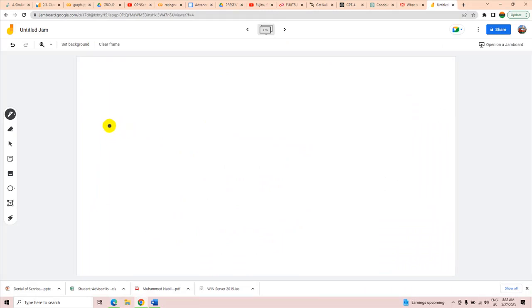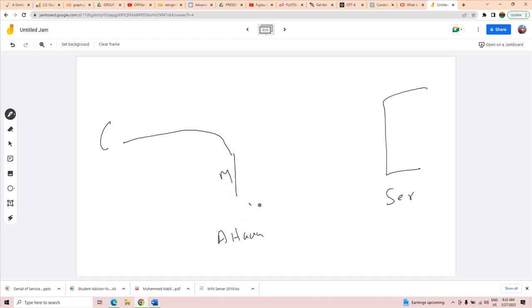Let's say this is the client, this is the server. So some message is transmitted by the client. That message, okay, is captured by the attacker, and then he sends the message to the server, the target machine.